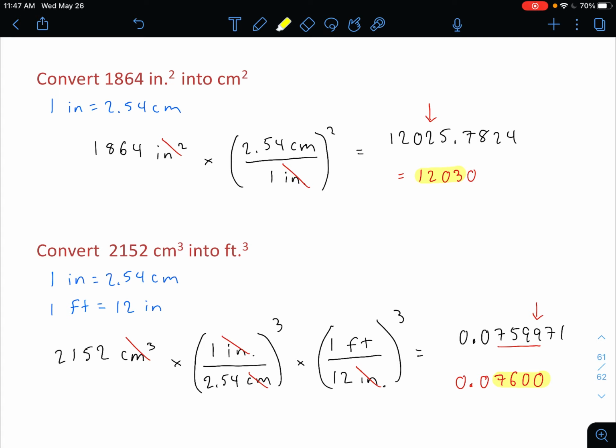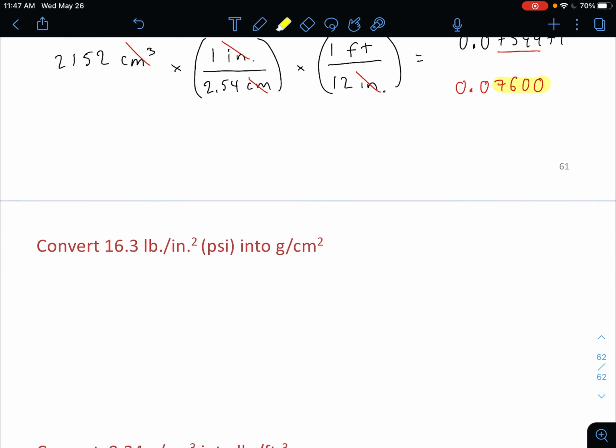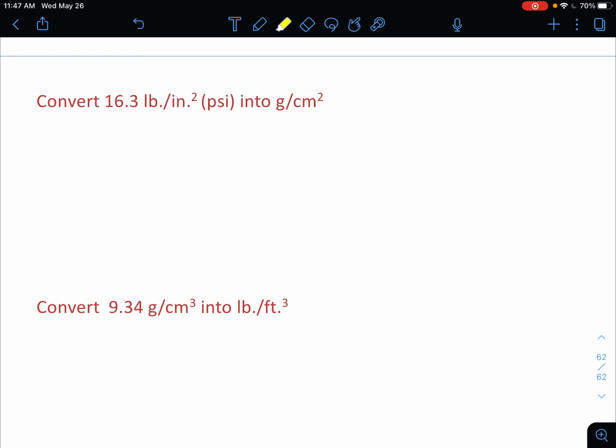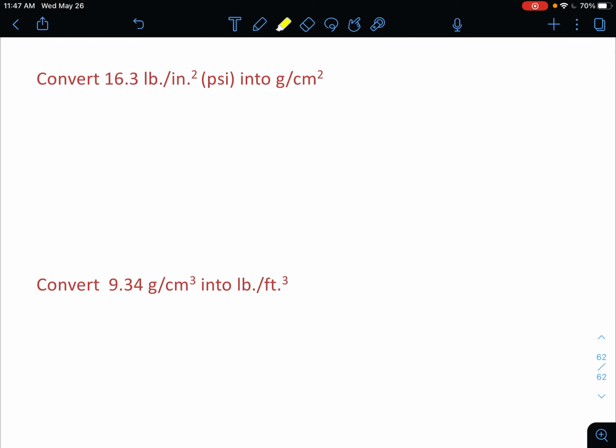Okay, I think one more slide here doing compound units. So I'll show you what happens with these. The first one has pressure units, pounds per square inch, grams per centimeter squared.